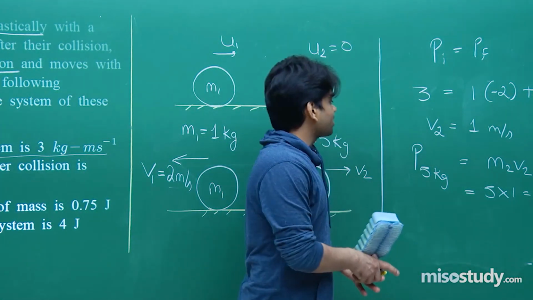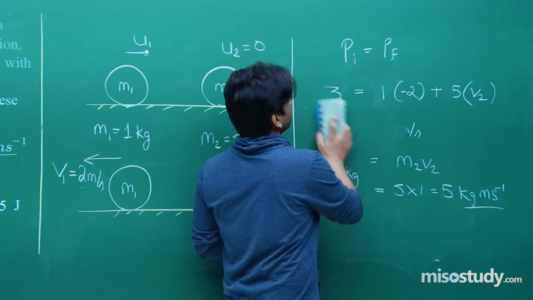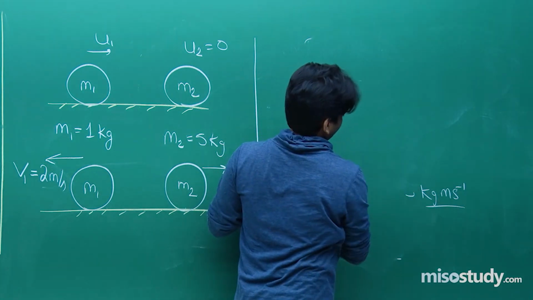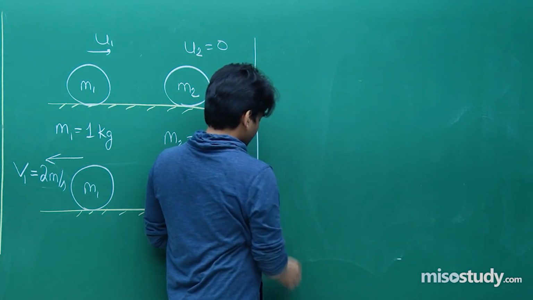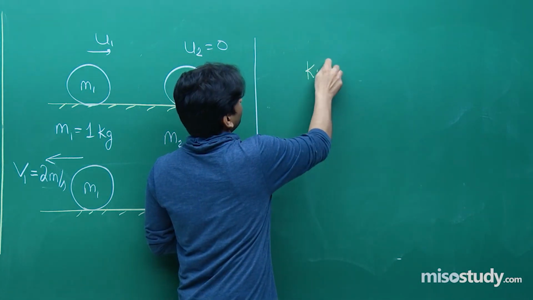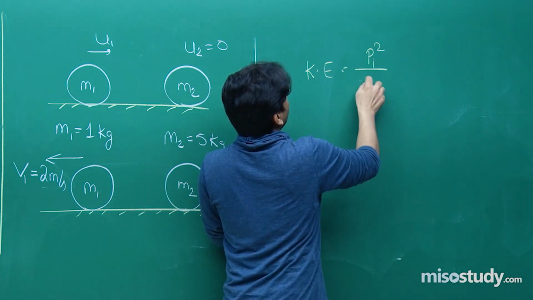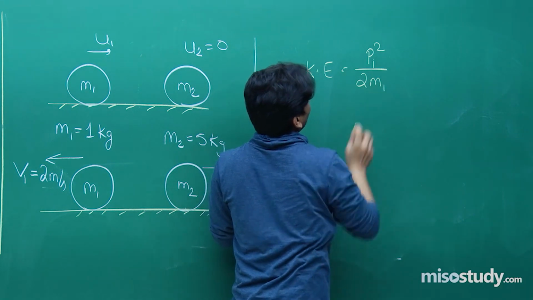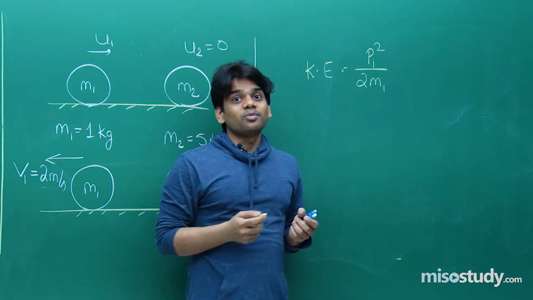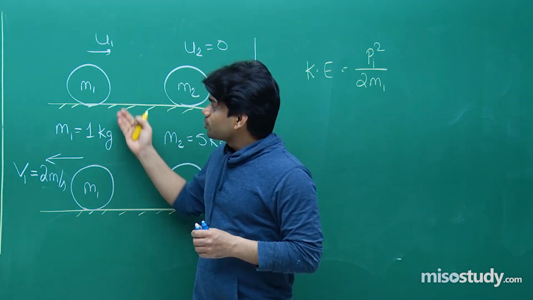So can we write this as kinetic energy, we can write it as P initial whole square by twice of mass m1, because initial momentum is only due to this body m1.